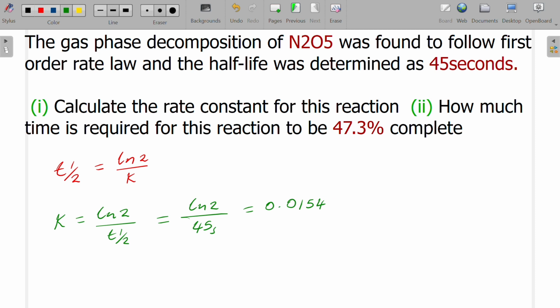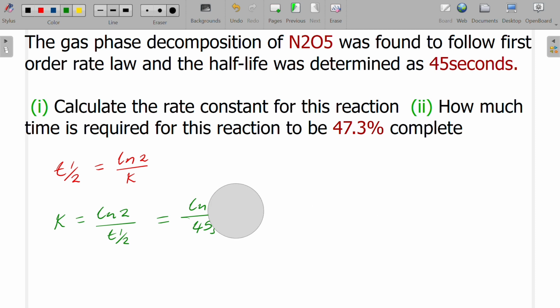Yes, so our unit here is per second, so it's s to the minus 1. So this is our rate constant value, 0.0154 per second. As simple as that. So that's the first part. Let's look at the second part.